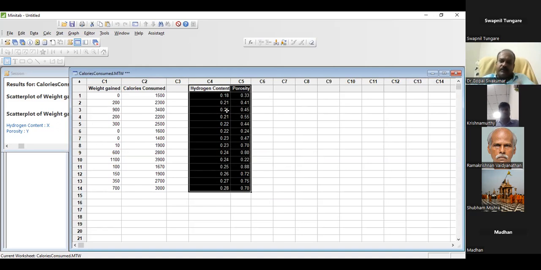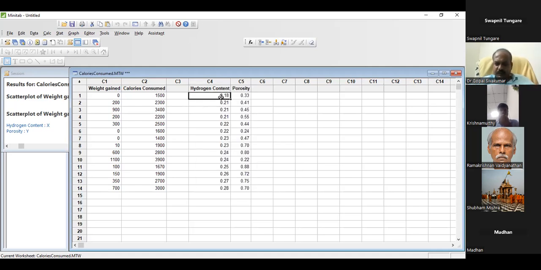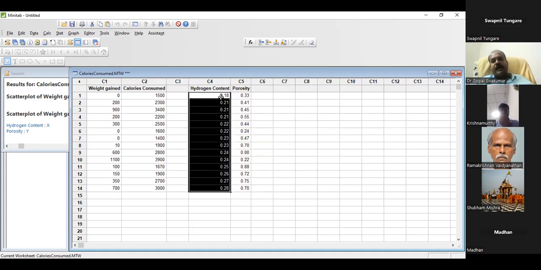You never thought that the amount of hydrogen content can cause porosity, but your brainstorming team has suggested that hydrogen content should not be allowed to vary. It should be at exactly the required level, preferably with a smaller range. But now see here, it varies from 0.18 to 0.28. That is a wide range, and people are saying that this could be the reason for the porosity.